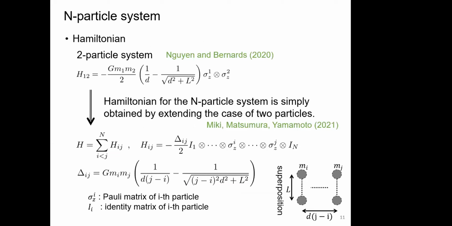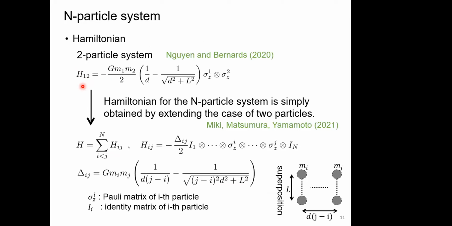Then we analyze the Hamiltonian of the n-particle system. For the two-particle system proposed by Gwen and Barnes, the Hamiltonian is given by this form. And the gravitational interaction depends on the distance between two particles.